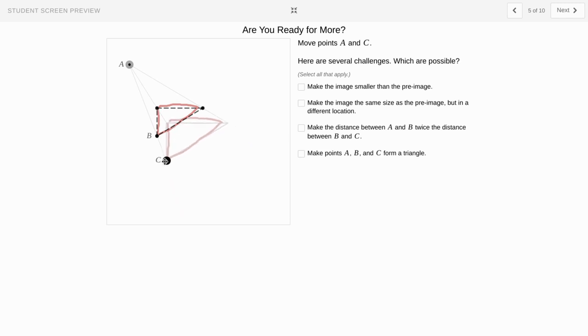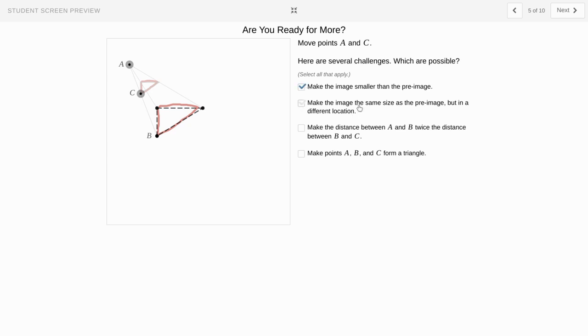I'm noticing moving C just moves that shape. So here are several challenges which are possible. Make the image smaller than the pre-image. Can I do that? Ooh, it looks like I can. So remember pre-image, this is what we started with. So yeah, we can make it smaller.